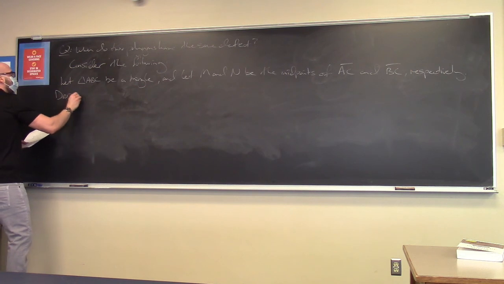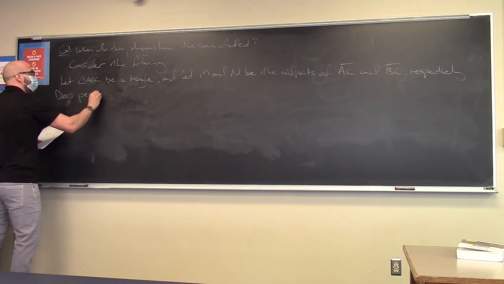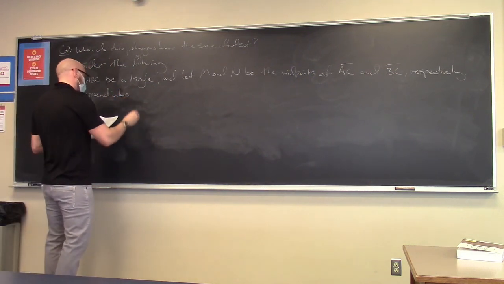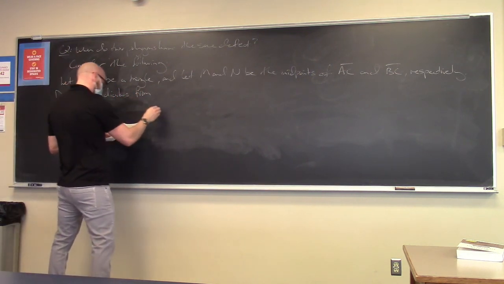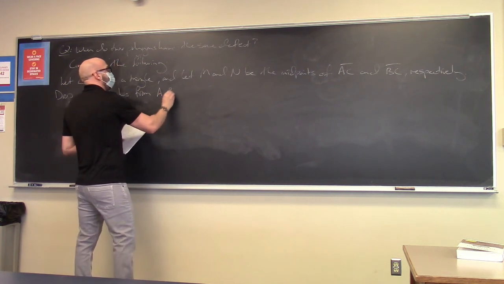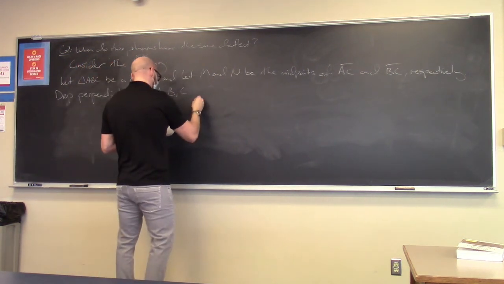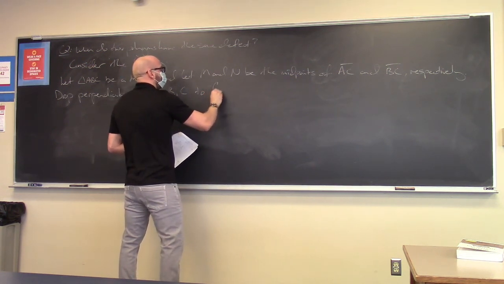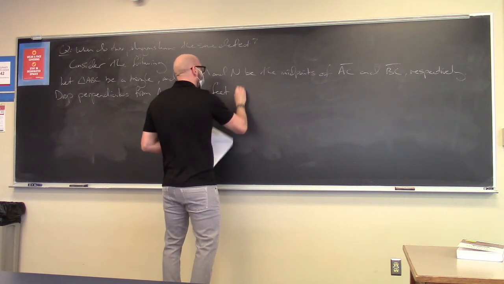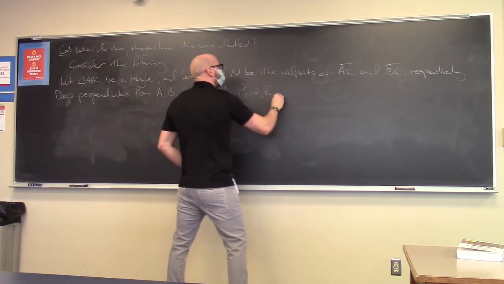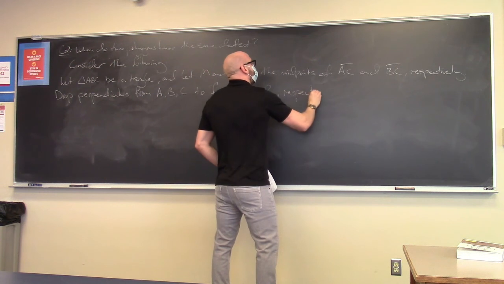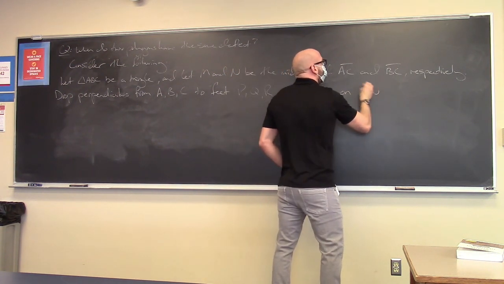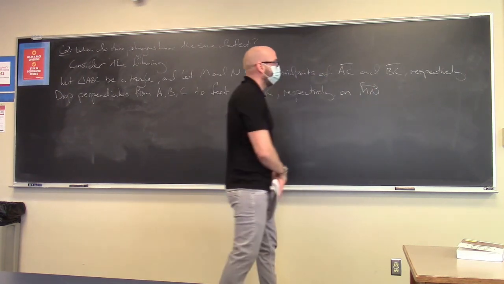So let's drop perpendiculars from A, B, and C to the feet at P, Q, and R, respectively, on the bi-infinite line MN.